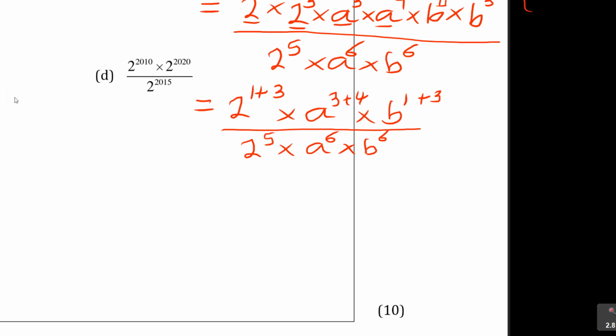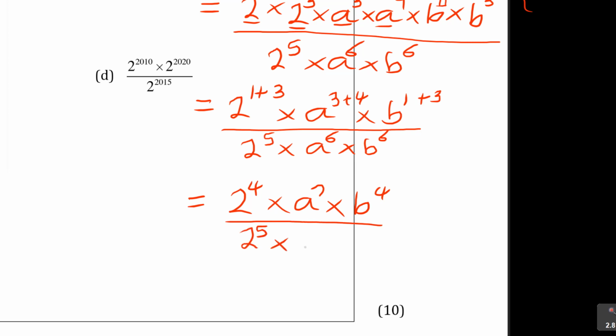Now we continue with this. Now 2 to the power 1 plus 3, it's 2 to the power 4 times a to the power 3 plus 4, it's 7 times b to the power 1 plus 3, it's 4 all over 2 to the power 5 times a to the power 6 times b to the power 6. Now as I say to you, I'm gonna write it away from here.